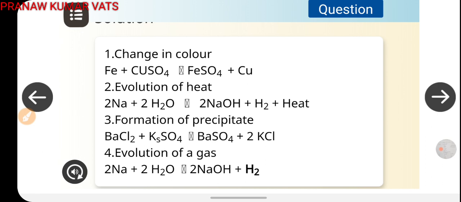Now next is evolution of gas. Same reaction: when sodium is treated with H2O, there is formation of sodium hydroxide and hydrogen gas is liberated. By all these examples, we can confirm chemical changes by observing color, evolution of heat, formation of precipitate and evolution of gas.